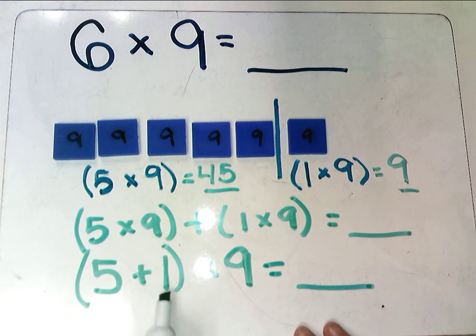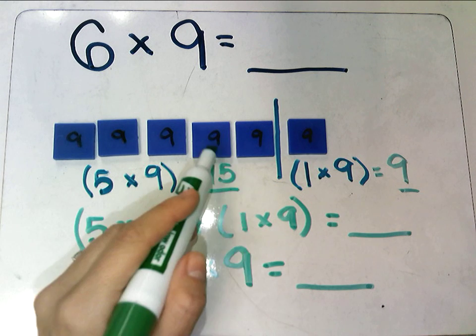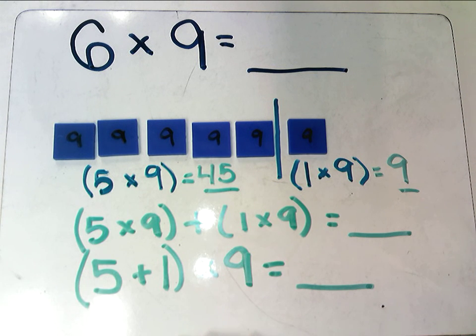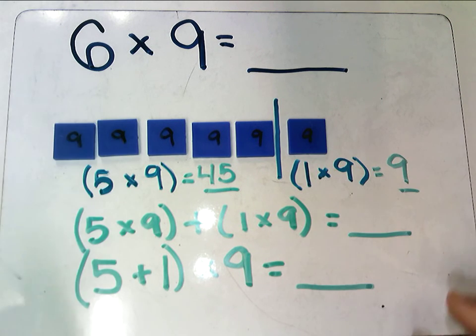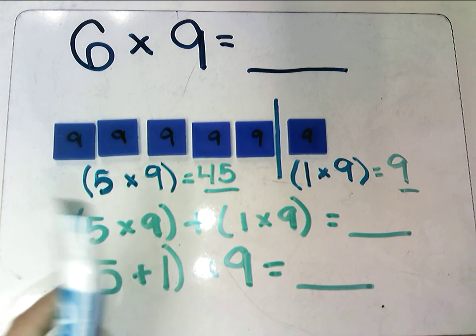So you can write it this way, where your parentheses equation is representing how many squares you're adding together, or you can represent it this way, where you're adding each multiplication equation that you've distributed.